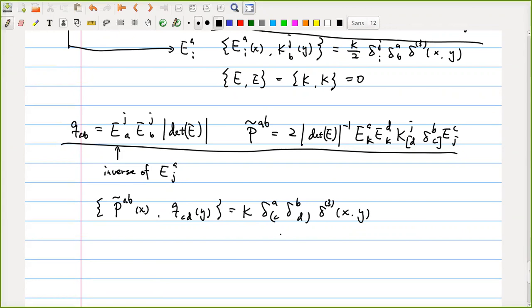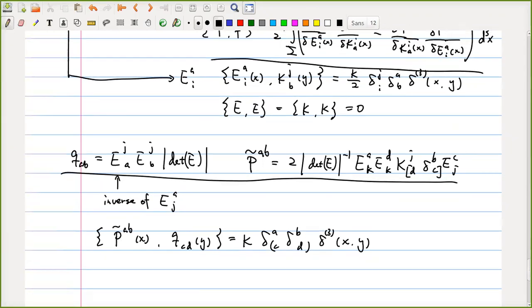But here you can see that this Poisson bracket is different from the previous one up to a minus sign. Before, when we talked about ADM, the Poisson bracket was Q in front of P, so the Poisson bracket of Q and P equals kappa delta. But now it is P in front of Q equals kappa delta. So there's a minus sign. It is exactly what I mentioned before.